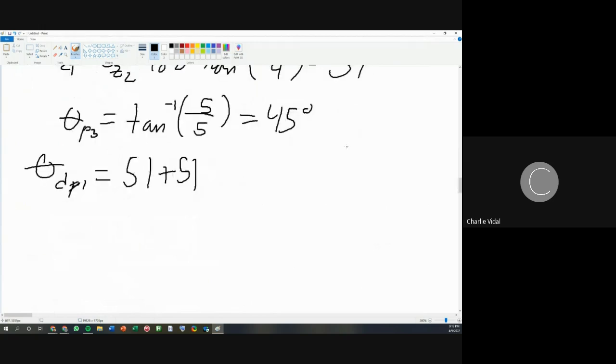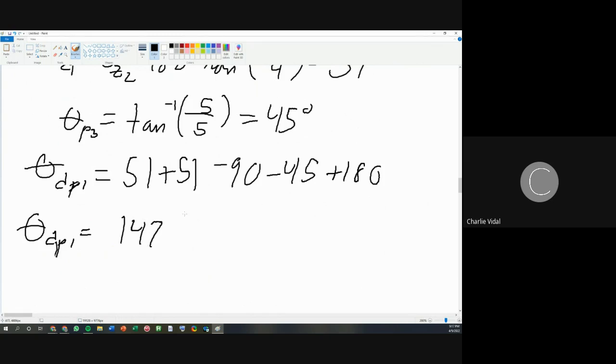So it's 51 plus 51 minus 90 minus 45 plus 180. This gives you a value of theta dp1 equal to 147 degrees. And to solve part B, this is very simple. Theta dp2 is equal to negative theta dp1, which is equal to negative 147 degrees.